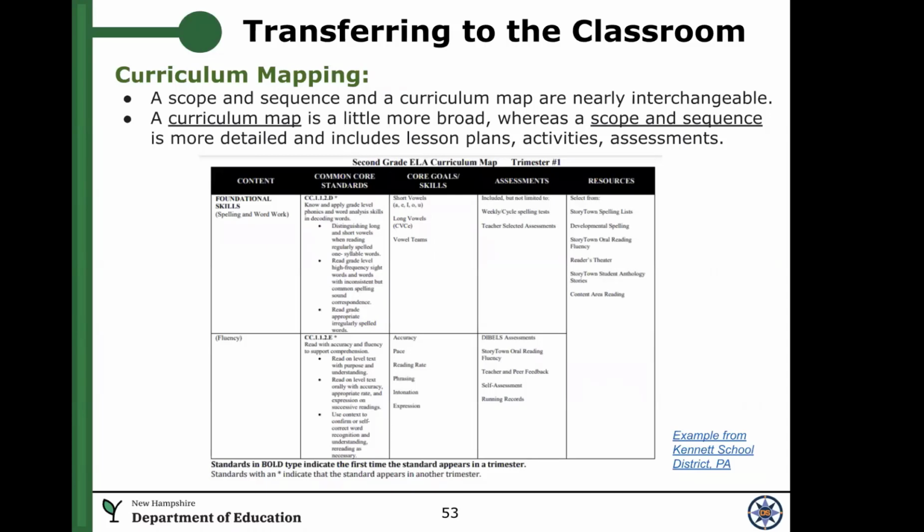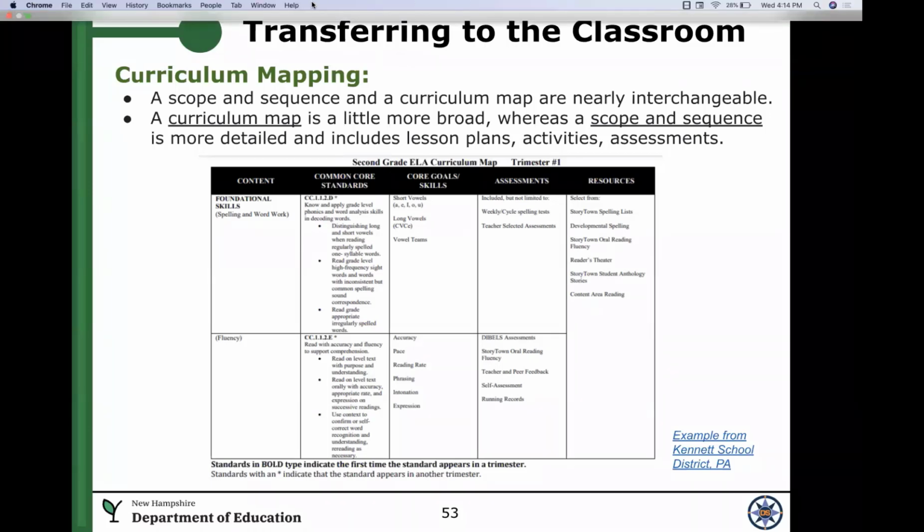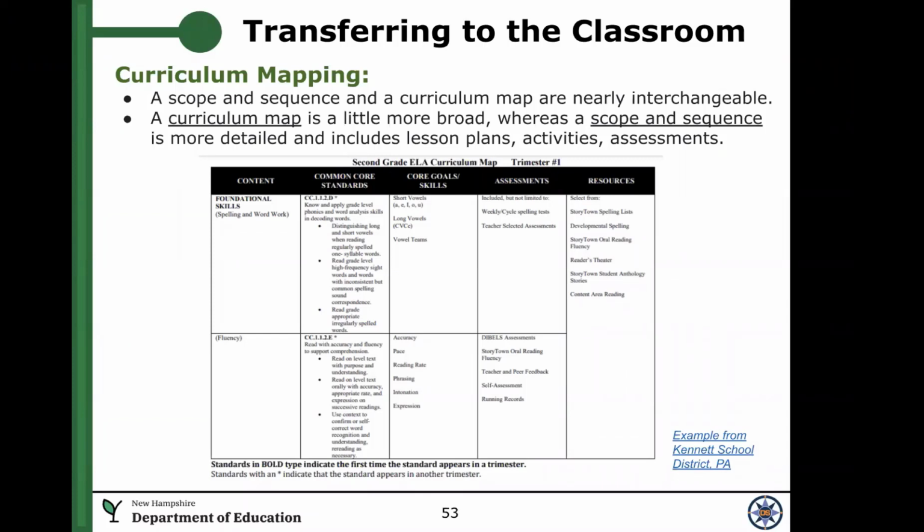Sometimes these are used interchangeably. Basically, there are two types of mapping that you can do. One of them would be to map out an overarching, I call it a quick and dirty, of what is happening in my classroom in September or October or November or December. And it's just a quick guide for me to make sure that I'm staying on track.